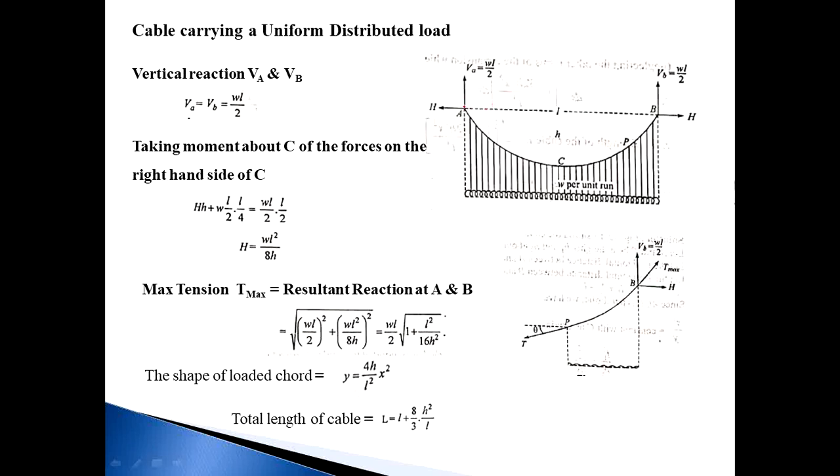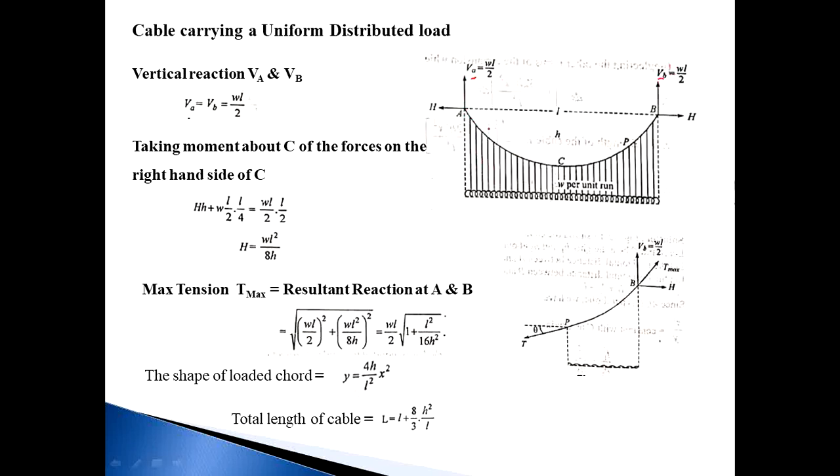So this is the cable supported at points A and B, subjected to a UDL having intensity W per unit run. This total load is carried by the two supports, that is VA and VB.